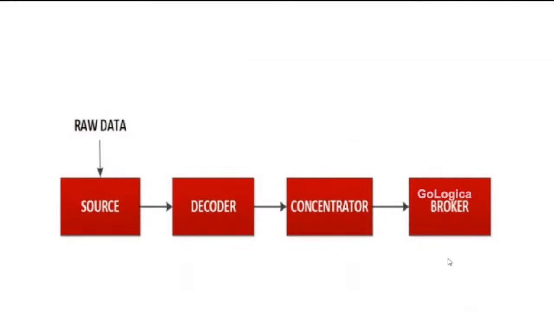So this is the main functioning: the source means the log collector, then it comes to the decoder, then to the concentrator, and then the broker. This is the normal log flow for the RSA NetWitness.